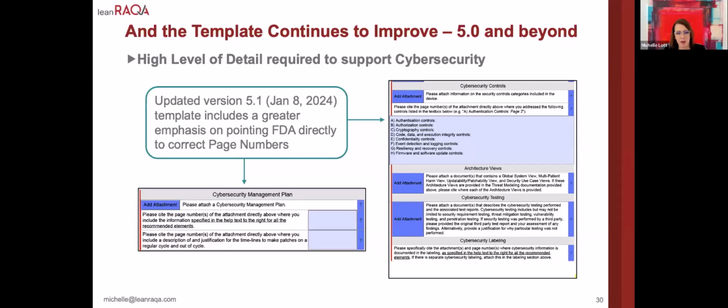But you remember when I gave the example earlier about the specificity that was required in certain sections, like the labeling of what attachment it was in and what page number it is on. Well, the cybersecurity has really gone far down a rabbit hole, or trying to avoid the FDA going down the rabbit hole, but now you have to go down the rabbit hole in your own attachment.